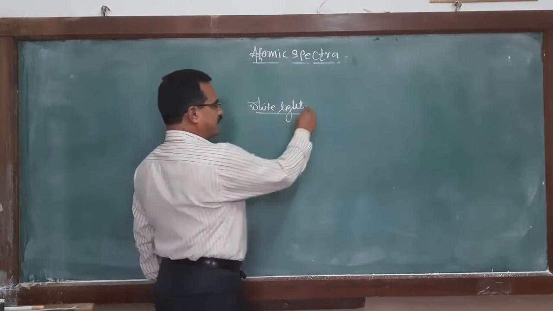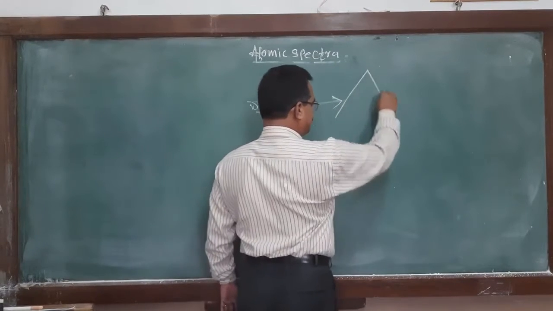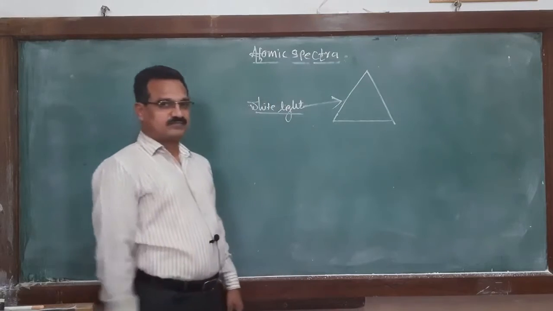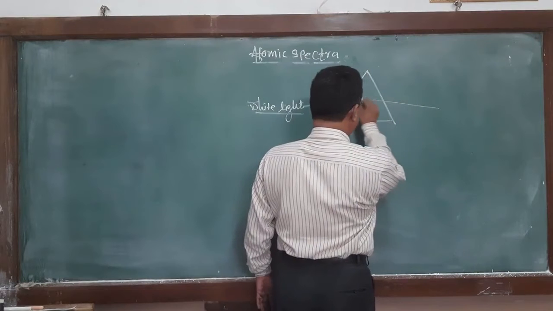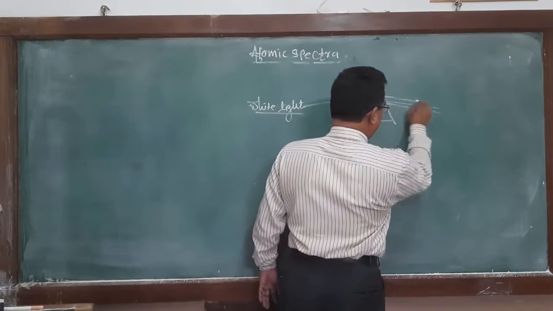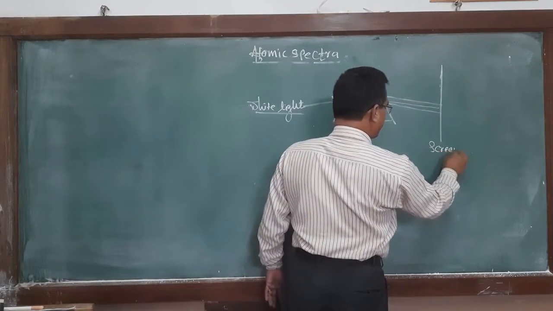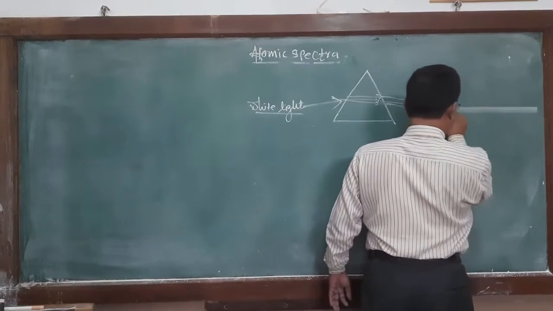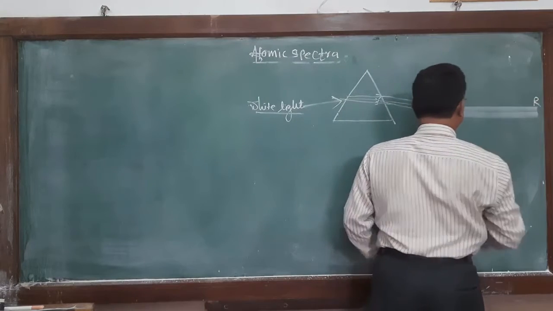When that white light is incident on a prism and passes through it, and the spectrum is observed on a screen, that spectrum is continuous, ranging from violet to red.